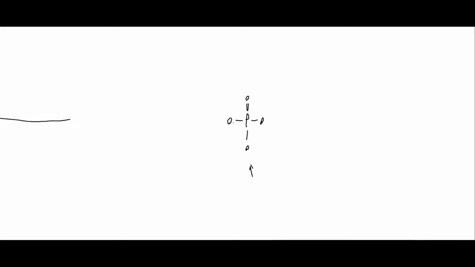And so if you have a monobasic potassium, you would have a potassium right here, and then you would have hydrogens on here. Whereas if you had dibasic potassium, it would be like this: 2 potassiums and then a hydrogen.